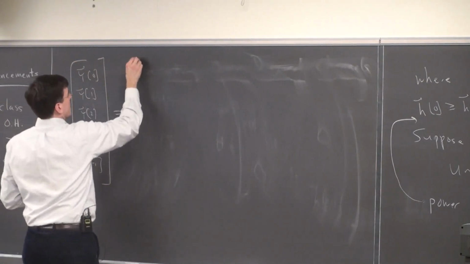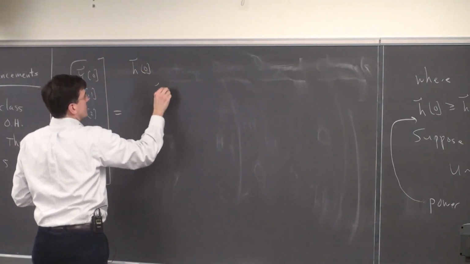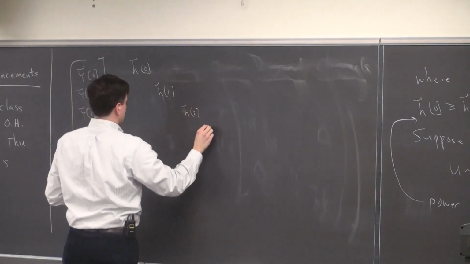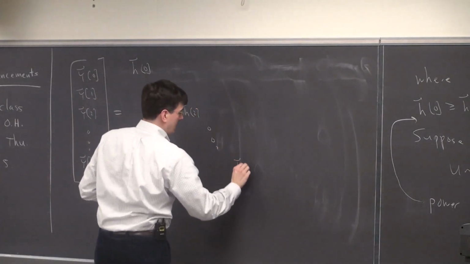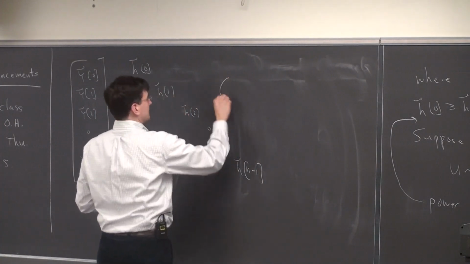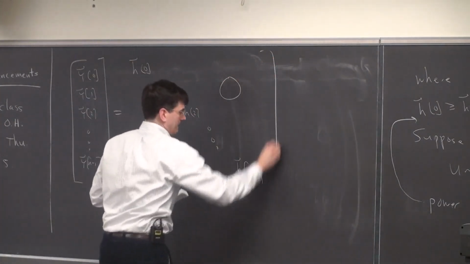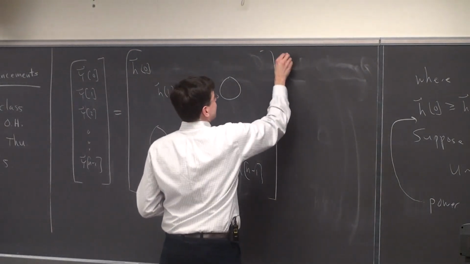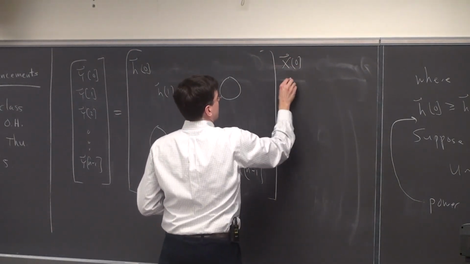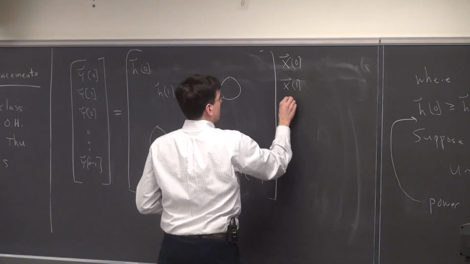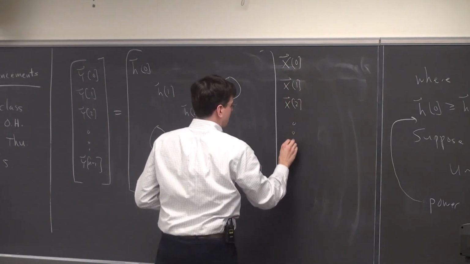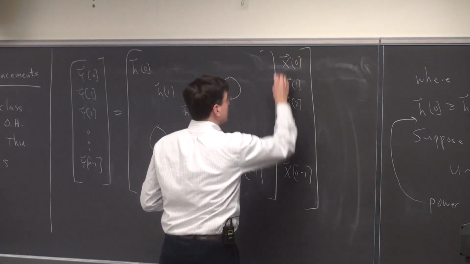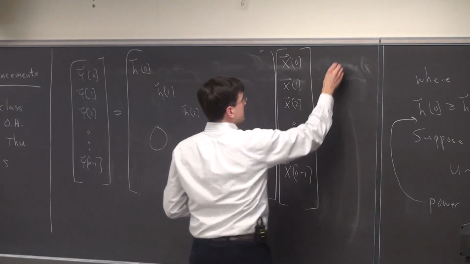The H matrix looks like this, and it's getting multiplied by x, and then plus z.